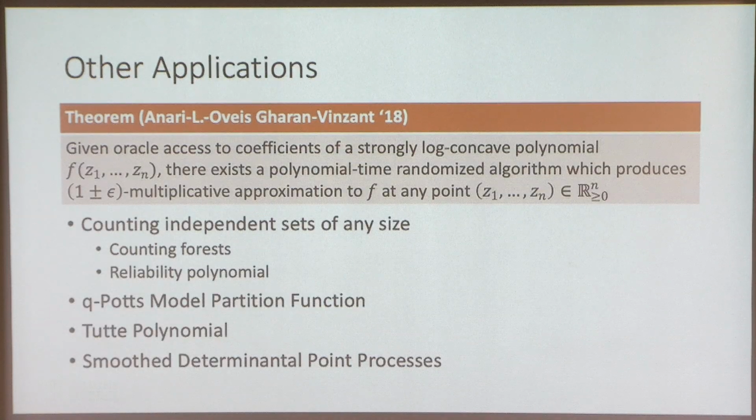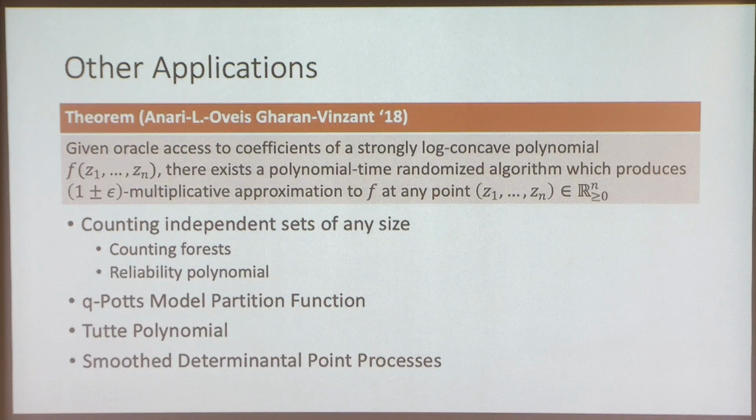So there are many other applications beyond what I said at the beginning of the talk. For example, now you can count forests, compute a reliability polynomial. It turns out that also the Q-Potts model partition function for Q between 0 and 1 is strongly log-concave.